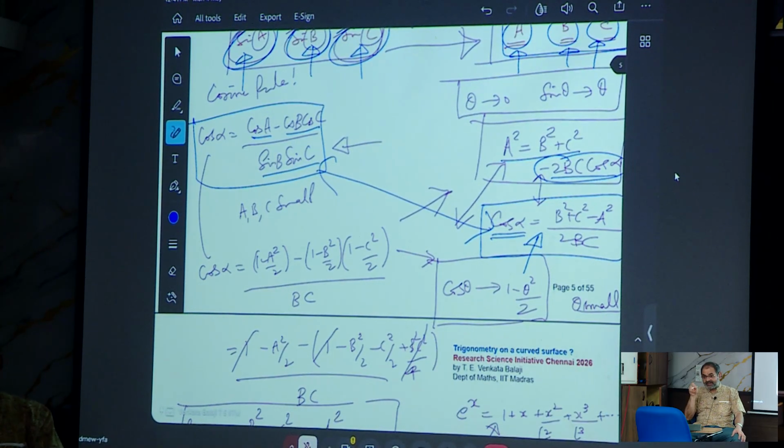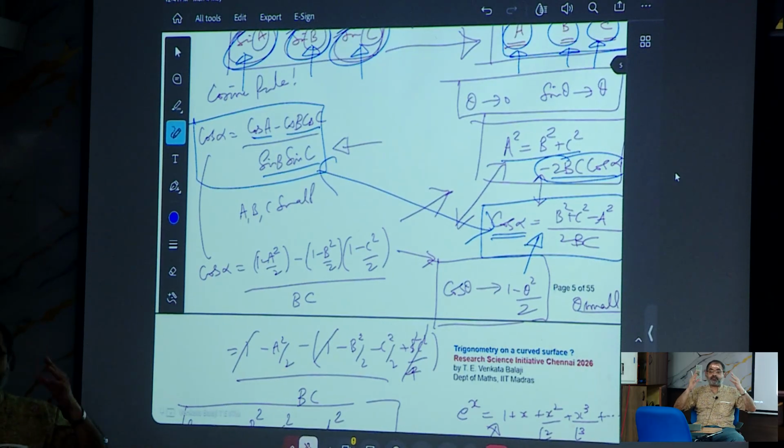Because this is exactly what is Einstein's relativity theory. What gravity does is it changes the curvature of space-time. It makes flat space curved.